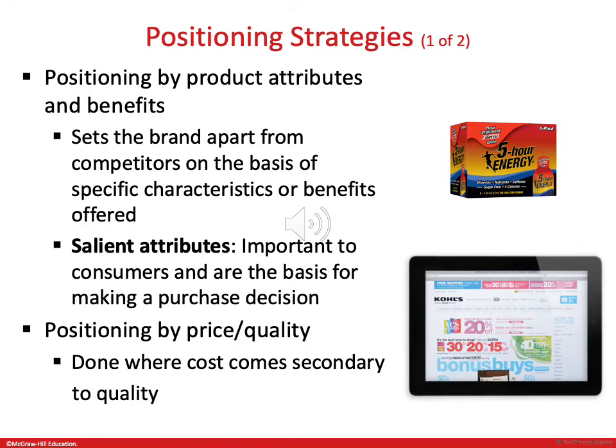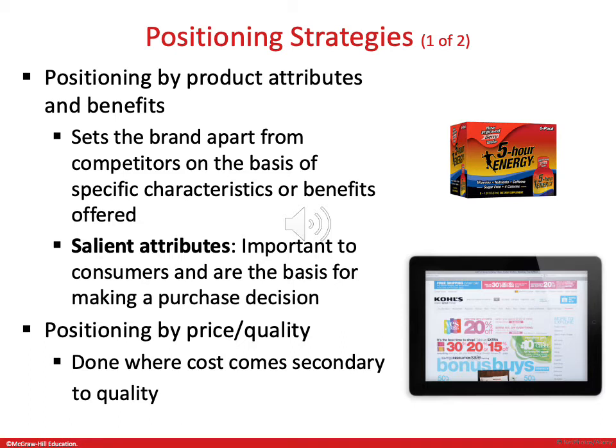So kind of building on this idea of positioning strategies. Perhaps one approach could be positioning by product attributes and benefits. And so here what we're trying to do is set the brand apart from competitors on the basis of maybe specific characteristics or benefits that consumers are seeking. 5-Hour Energy is a really good example of that, right? 5-Hour Energy understands that consumers just need energy, and they want 5 hours worth of energy, right?